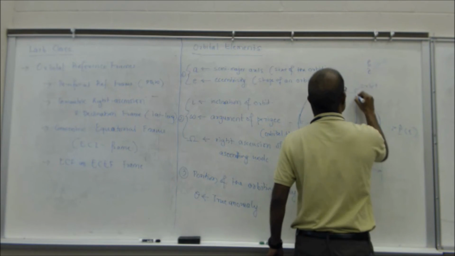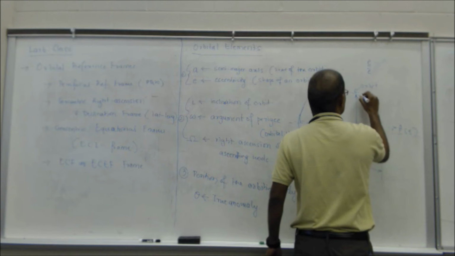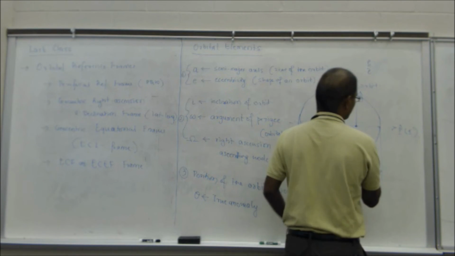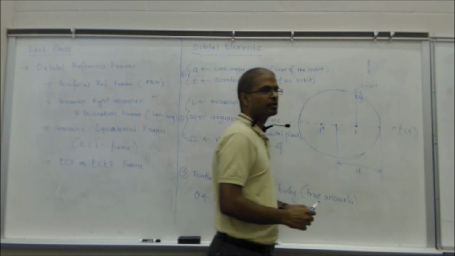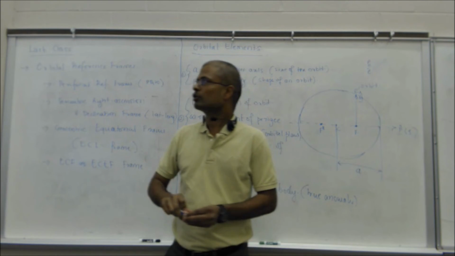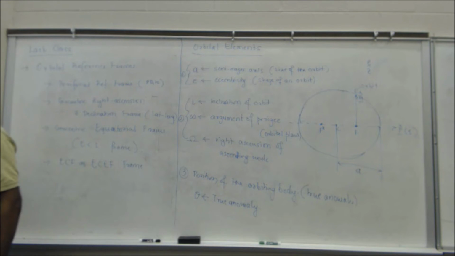This would be your Q direction, and the perpendicular to this plane is the W direction. The perpendicular to P in the orbital plane is the Q direction, and the one coming out of this is the W or H direction.